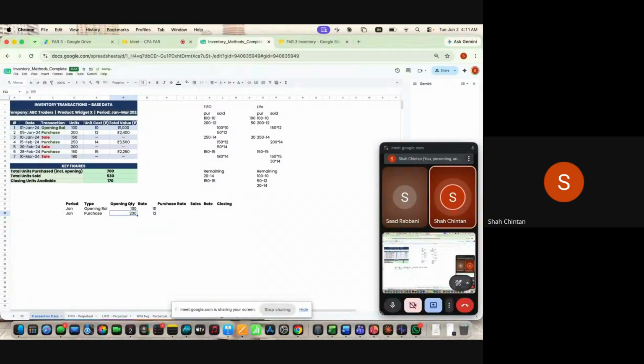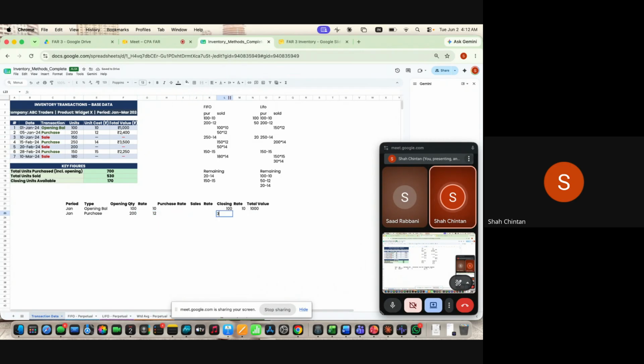So at this moment, what is your closing inventory? If I just say there is no sales have taken place, so your entire 100 is your closing inventory at the rate of 10. So what is your total value of the closing inventory? That comes to 100 into 10. Now you have done a further purchase of 200, no sales have taken place.